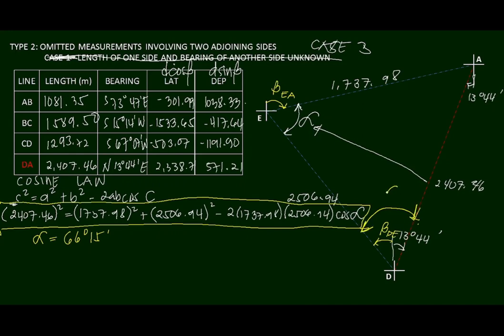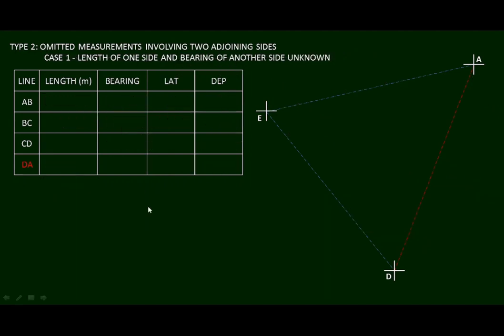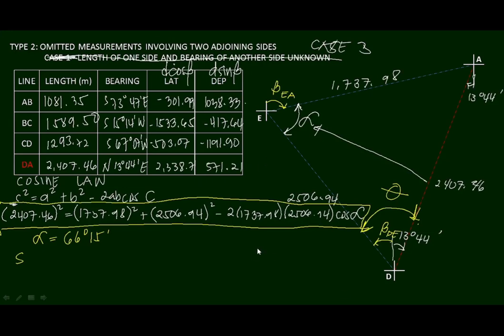And I'll name this angle theta. Paano ko isosolve si theta? So, sa may type 2, case 3, after using the cosine law, we can now use your sine law.